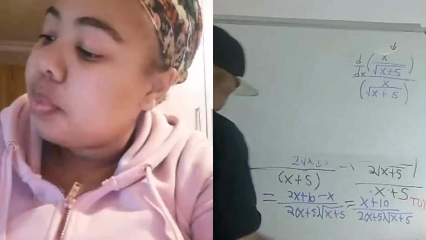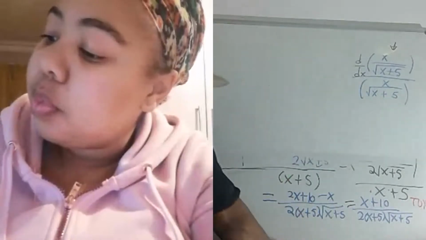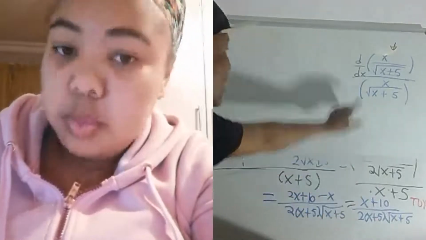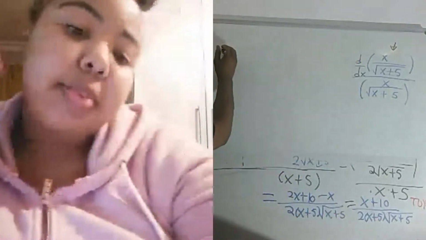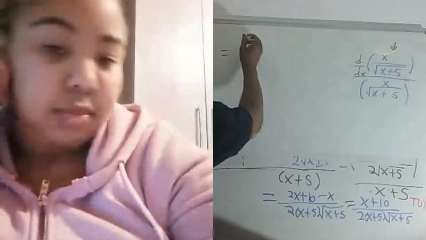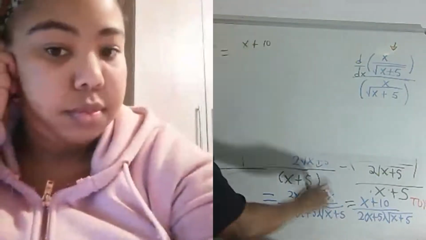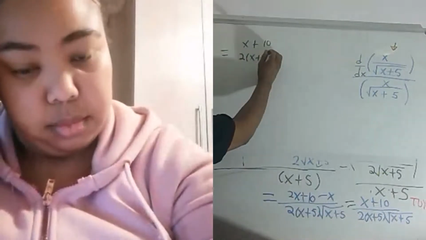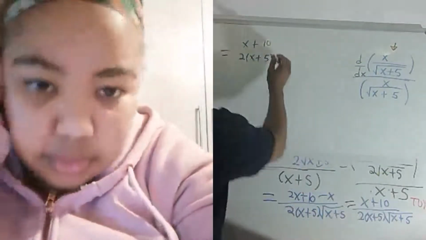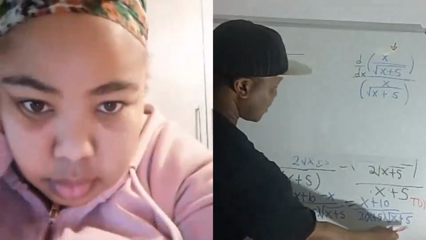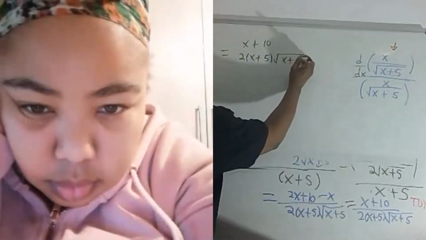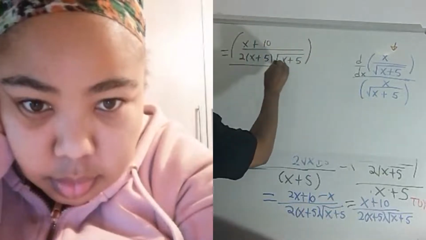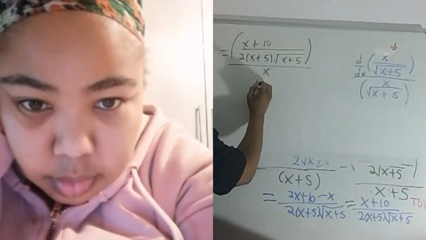Okay, cool. Thank you so much for reminding me. So we take all this stuff here, and then it goes to the top. So this is going to be x plus 10. And then the bottom is 2 times x plus 5, square root of x plus 5. And then all this stuff, we put over x.